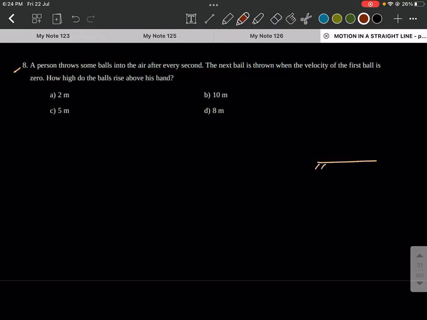If the ball is thrown from here, this is the point at which the velocity becomes zero. For this to become zero, it has traveled maximum height, and the time it takes to travel maximum height is 1 second. That's what they've given, right? So I'll apply v is equal to u plus at.